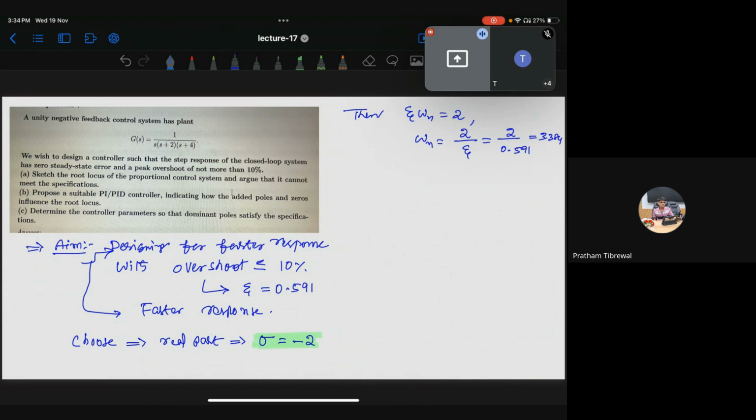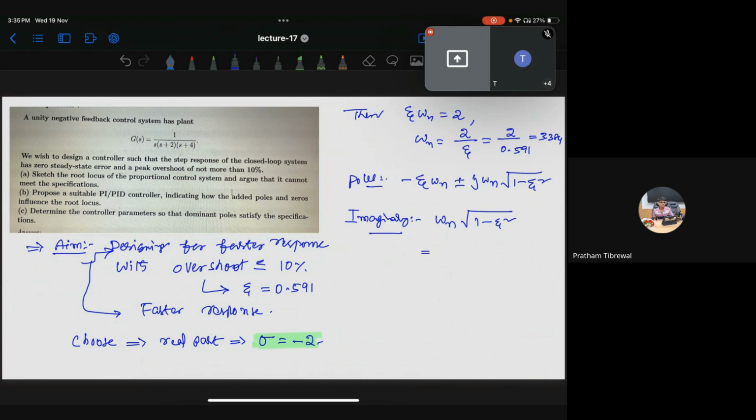We know that the poles look like minus zeta omega n plus or minus j omega n root over 1 minus zeta square. In this we already took zeta omega n as 2. What is the imaginary part? The imaginary part is omega n root over 1 minus zeta square.